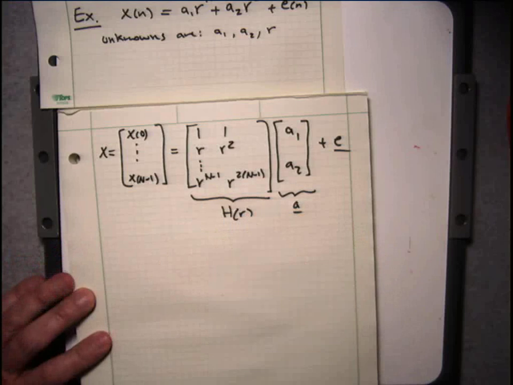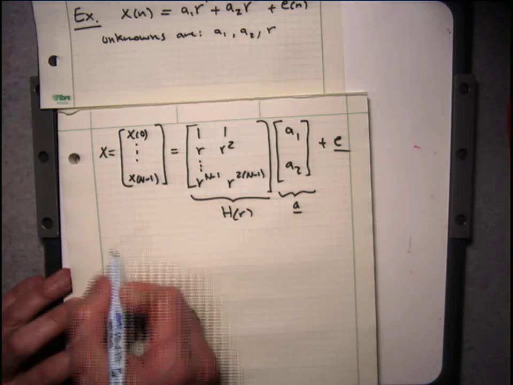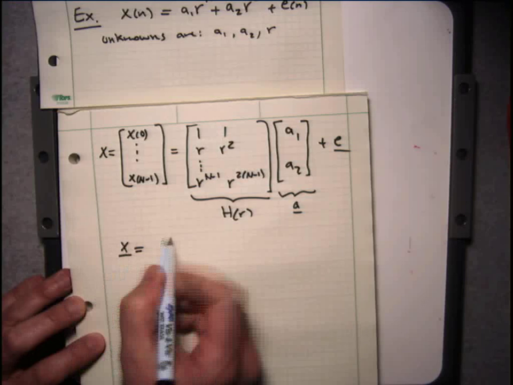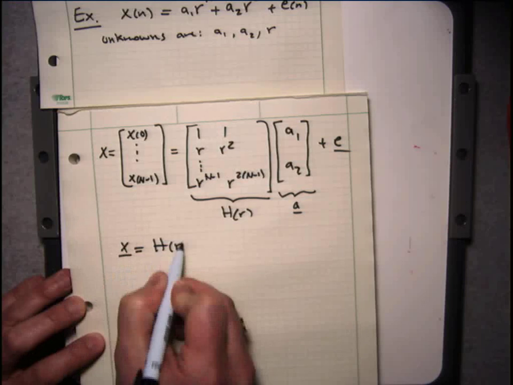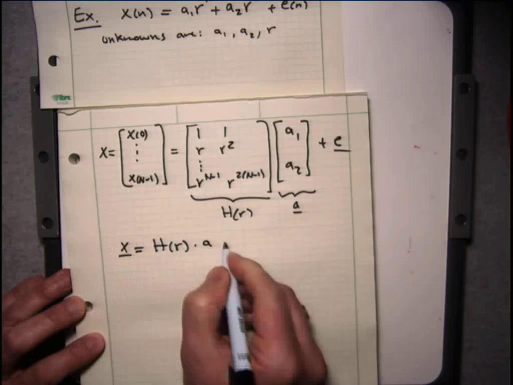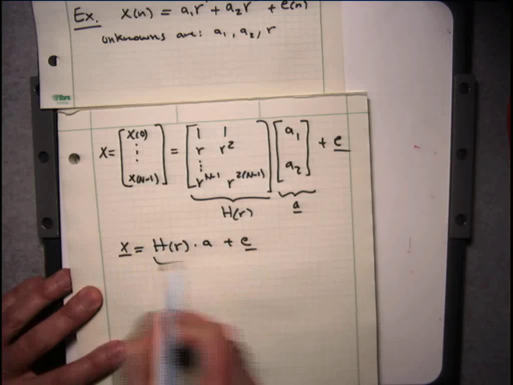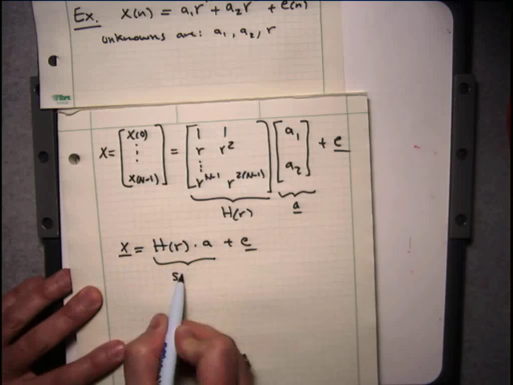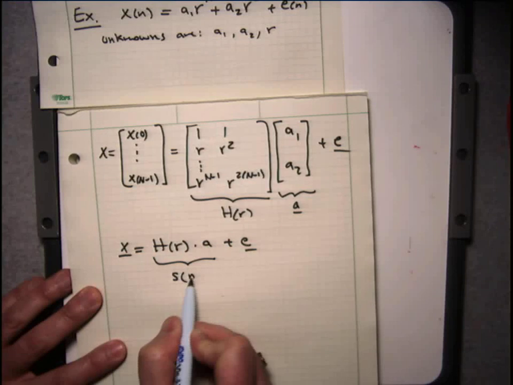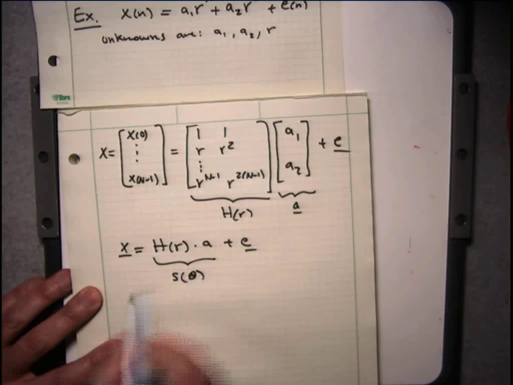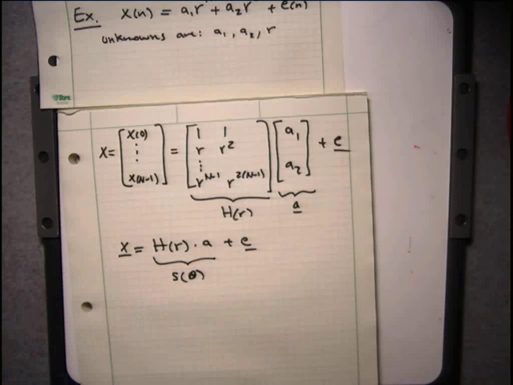Now if I write this whole thing, I have x equals h of r times a plus e. If you think of this as s of theta, it's got all the s's and all the thetas in it.